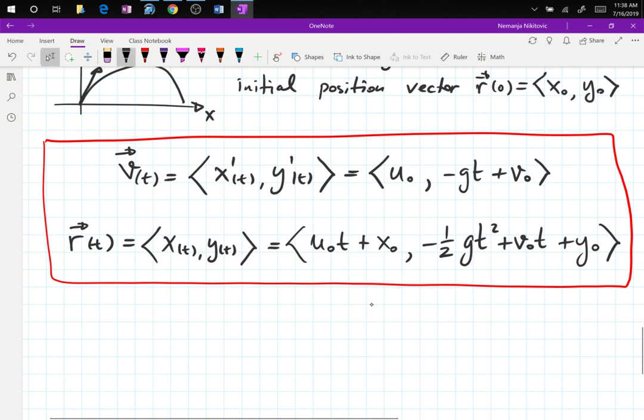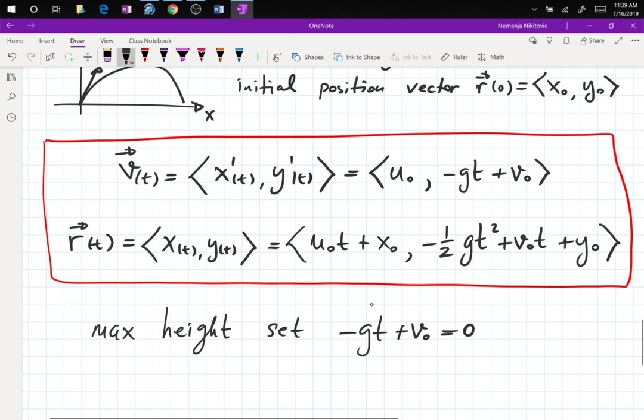For the max height, this is the last thing we're going to mention here. For the max height of the object, you will set negative gt plus v0 equal to 0, because we know to find a maximum, we set the first derivative equal to 0, right?